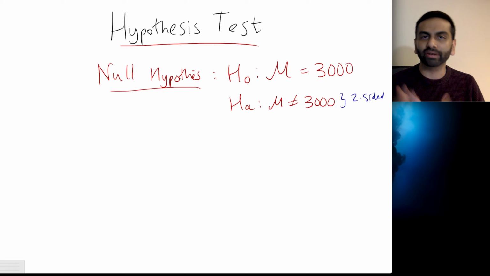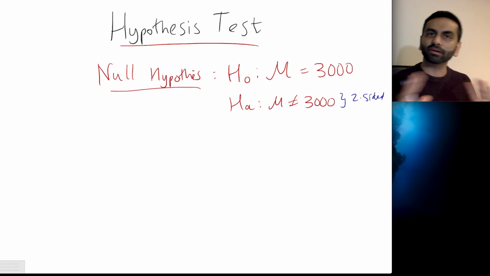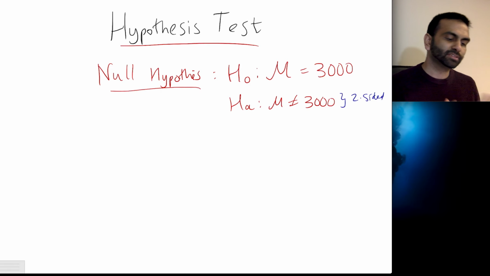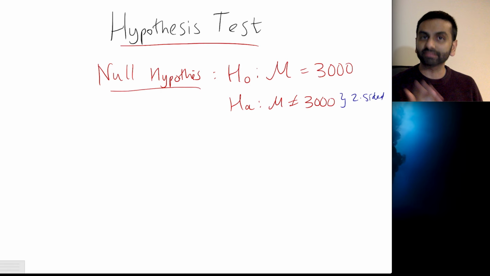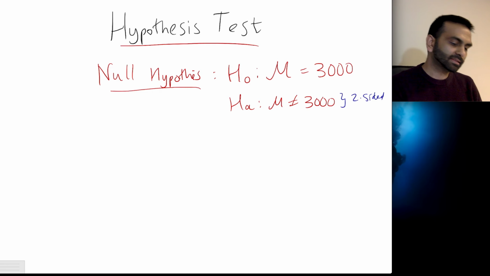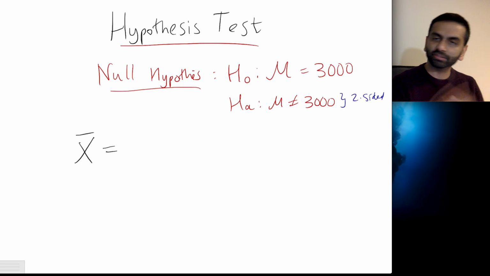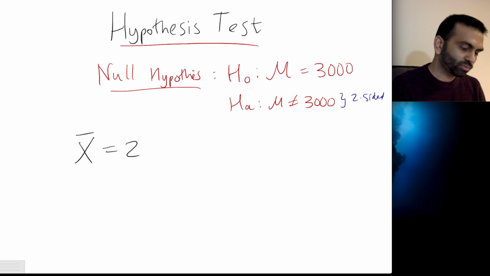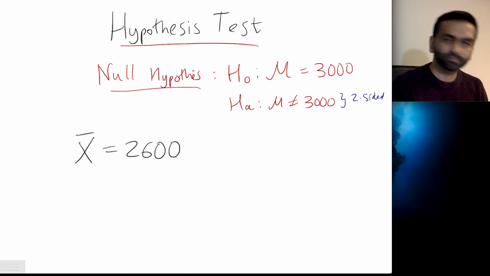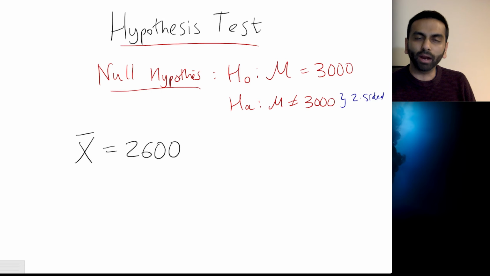Then based on that, you'd have a guess for how many empty total beds there are across all of New York City. So you collected a sample of hospitals, and you're projecting that the number of empty beds is going to be your X bar in your sample. According to your sample, the number of empty beds should be, let's say, 2,600. Okay? So, all right, what does that mean?